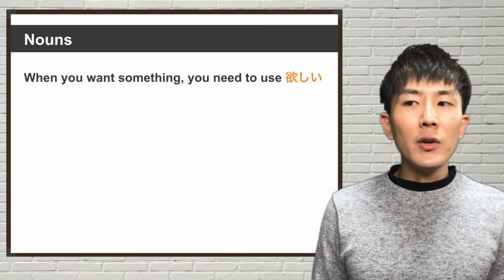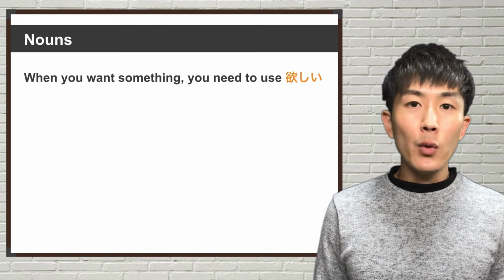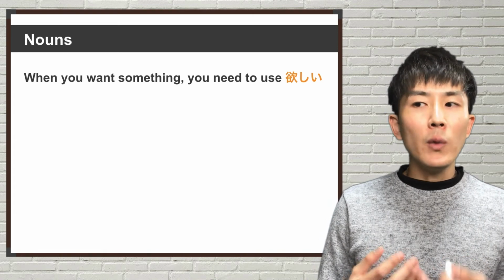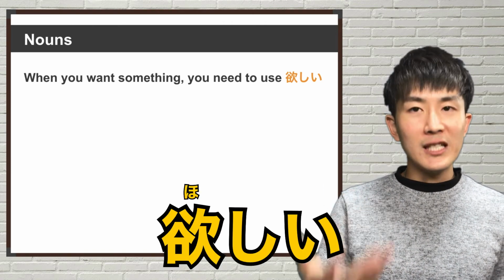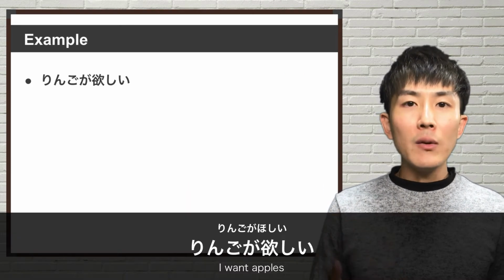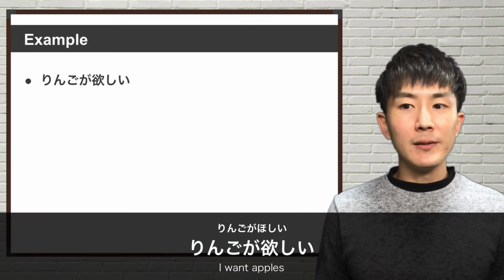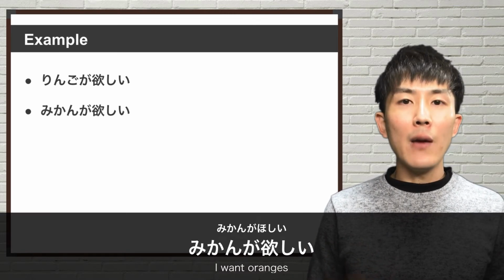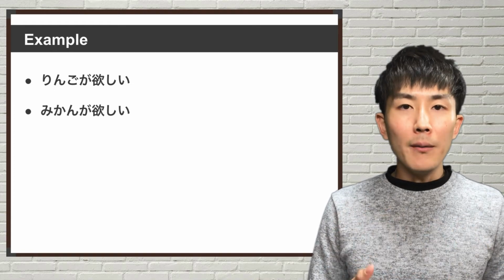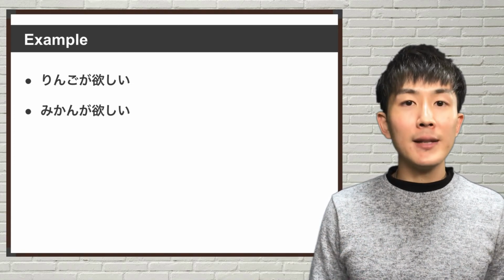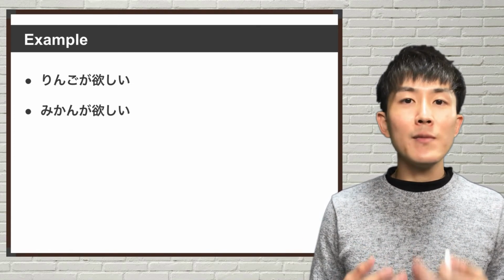Next, I'm going to talk about how to express desire with nouns. So when you want something, you need to use 欲しい. For example, リンゴが欲しい. I want apples. みかんが欲しい. I want oranges. リンゴ means apples. みかん means oranges. So it's interchangeable with a noun.